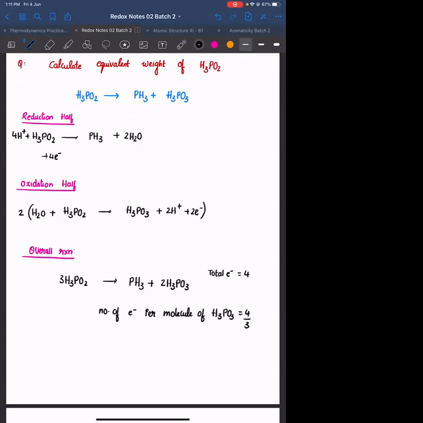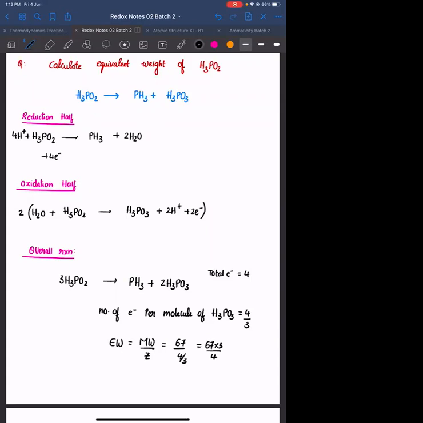So Z factor is 4/3. Aditya, the Z factor is not 4, it is 4/3. So what will be the equivalent weight? Equivalent weight is molecular weight upon Z factor, which is equal to 67 upon 4/3, which is equal to 67 into 3/4.